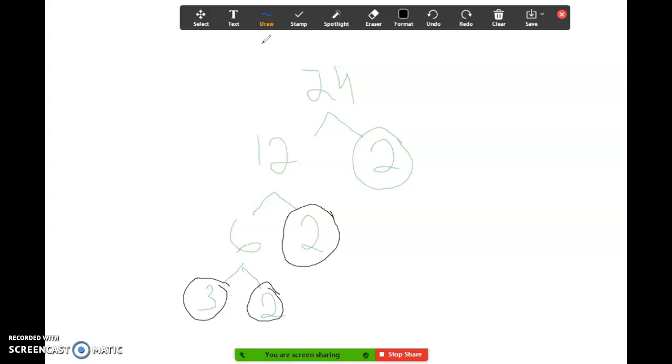So I divided the numbers to break them apart. What would I do to work the other direction? Times them? Yeah, I would multiply them. Okay. So I have 2 times 2 times 2 times 3.